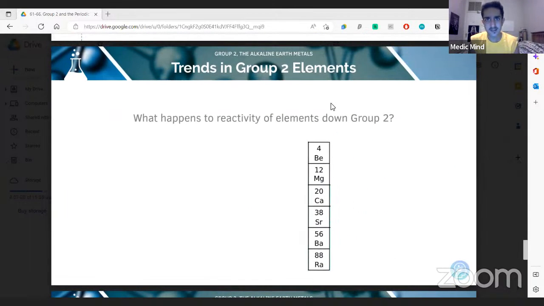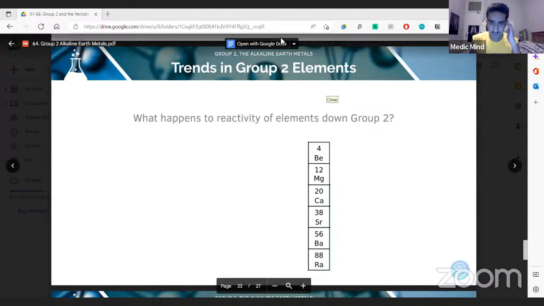What about reactivity? Is this slightly more difficult? Well, I mean, this should be something that we do know, but might be a little bit more challenging. What happens to reactivity down group 2? Let's see if we can put it in the chat. Yeah, Molly, completely correct. It does increase.